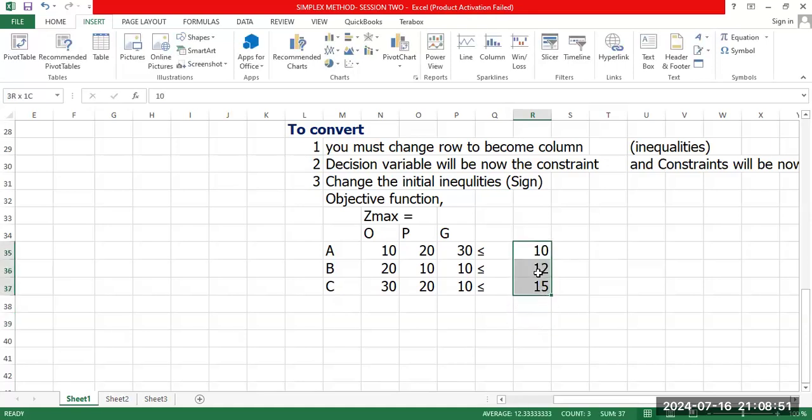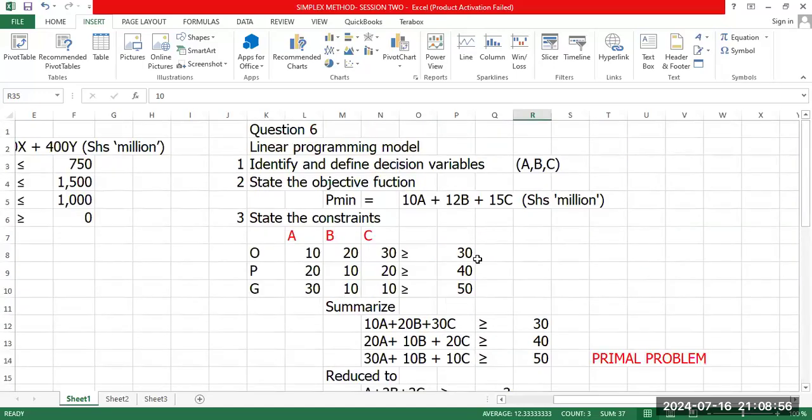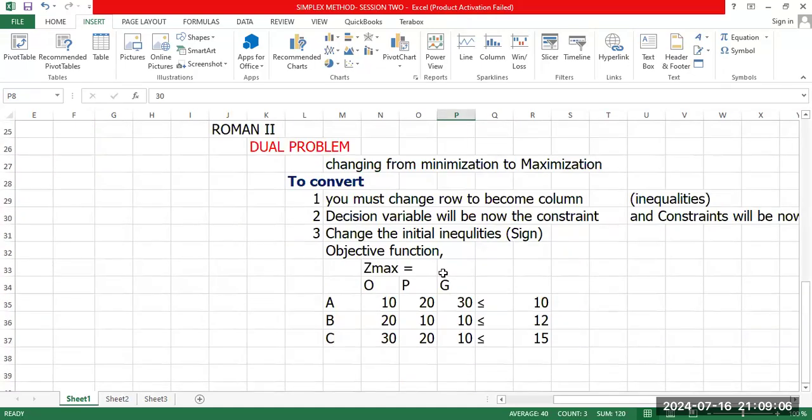Perfect. Then the figures that were here initially are the figures that will help you formulate the objective function. So on the objective function, here you are going to have 30.